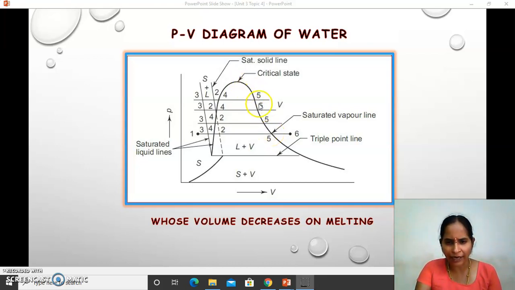So all the state 5 points are meant for the saturated vapor line. The state 4 points at various pressures are meant for the saturated liquid line.